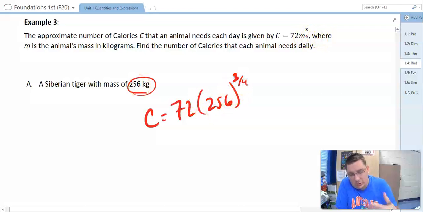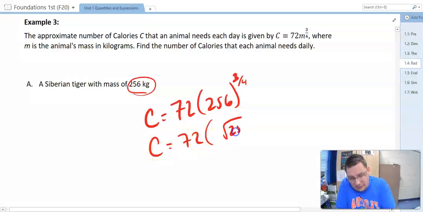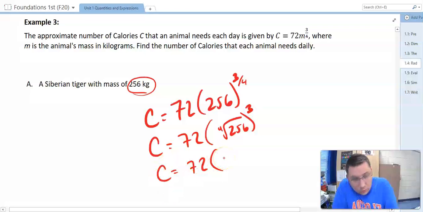And again, we're going to convert this over so we can simplify. So C is equal to 72. This will be the 256 under the radical. The 4 is the index. And that power of 3 will go out back, right? And so C is equal to 72. The 4th root of 256 is just 4, because that's 4 times 4 times 4 times 4.